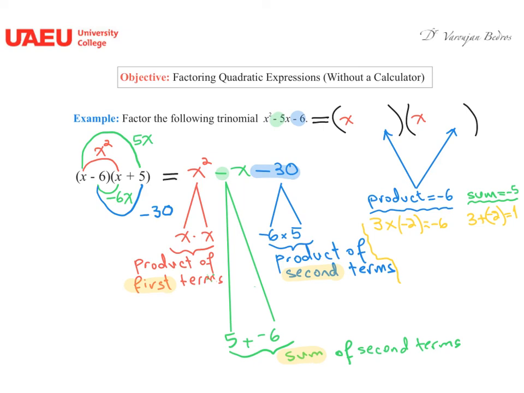On the other hand, we can see that negative 6 times 1 is negative 6, and the sum of negative 6 and 1 is negative 5. This means that the numbers we are looking for are negative 6 and 1.